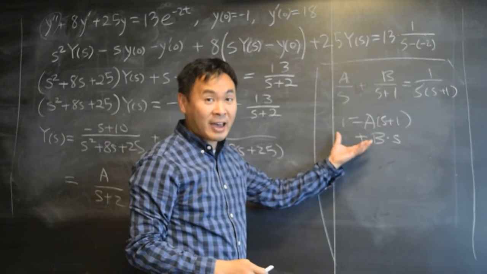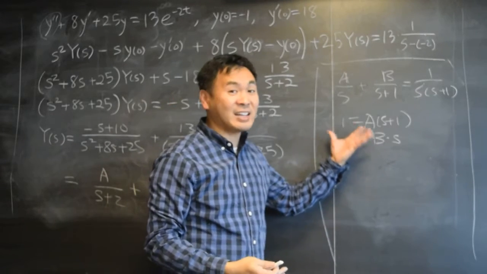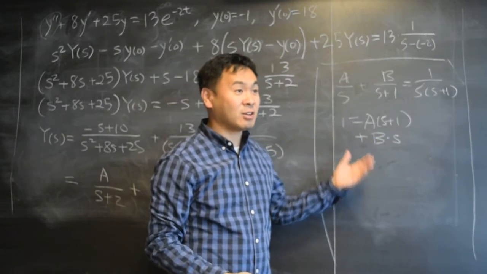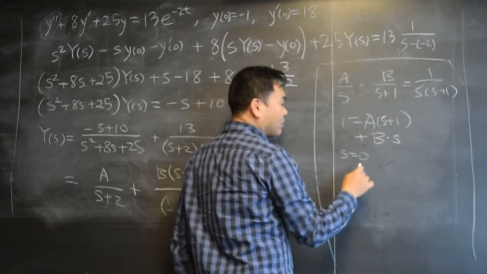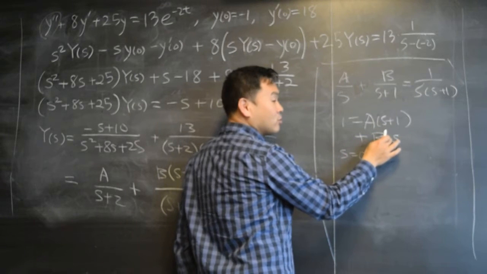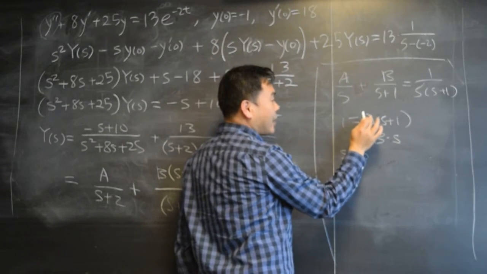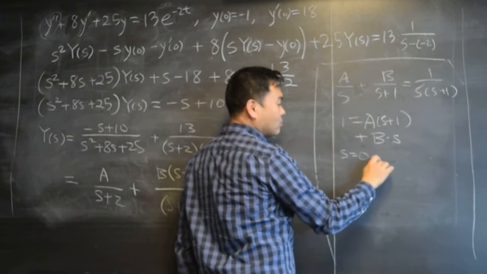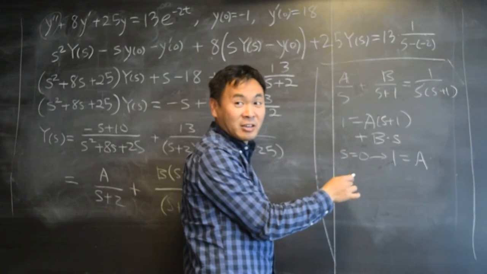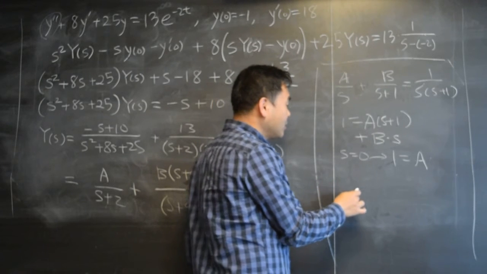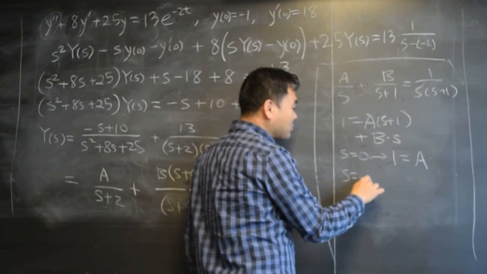And that's the thing that we exploit. How do we exploit that? We are free to plug in anything for s, and that gives us the value of A and B. So I say s is 0. What happens then? This goes away, and A times 1 equals 1, so that gives you 1 equals A. Nice, right? Because that was exactly the value of A that we knew. Okay? And then you plug in s equal to negative 1.